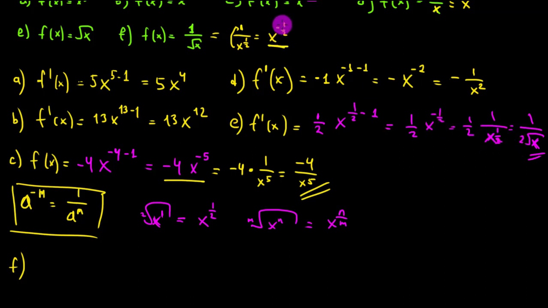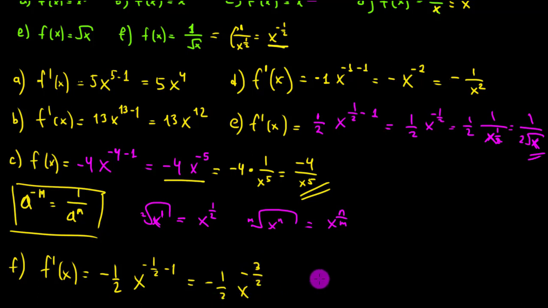So the n is minus 1 over 2. So it will be f prime x equals minus 1 over 2 x to the power of minus 1 over 2 minus 1. So it means minus 1 over 2 x to the power of minus 3 over 2.